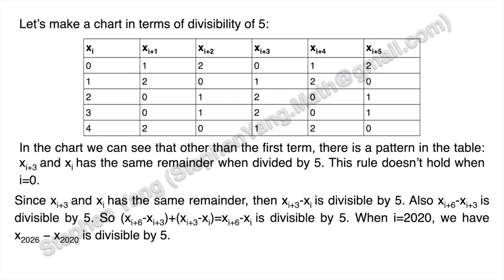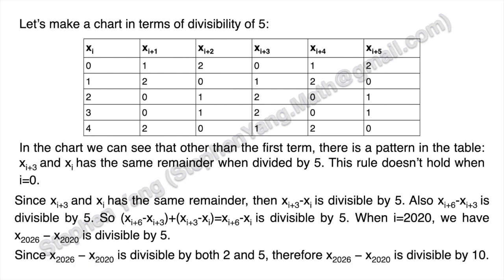So x_{i+6} minus x_{i+3} plus x_{i+3} minus x_i, which equals x_{i+6} minus x_i, would be divisible by 5. And when i equals 2020, we have x2026 minus x2020 is divisible by 5.